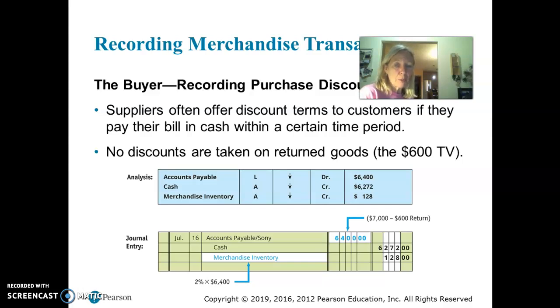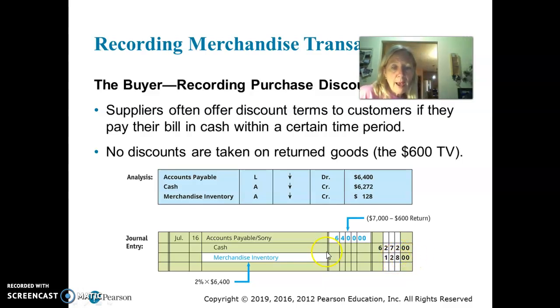If we take a 2% discount, that would be $128. So it's 2% of the amount you owe, which is $6,400. So when you go to pay Sony, you're a Walmart, you don't pay the whole amount. You pay the amount less the 2% discount, but we have to keep the 2% discount journalized.